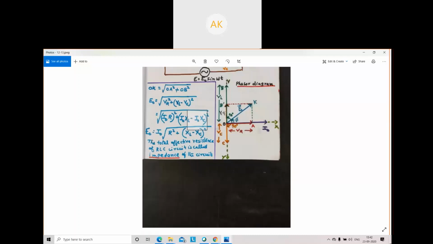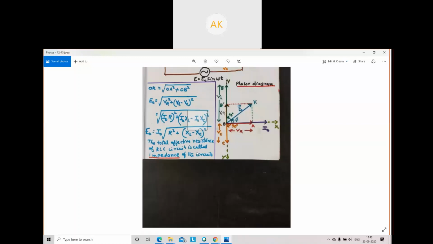I will ask Amish, what is E0 by I0? Voltage by current, what is it? Amish?